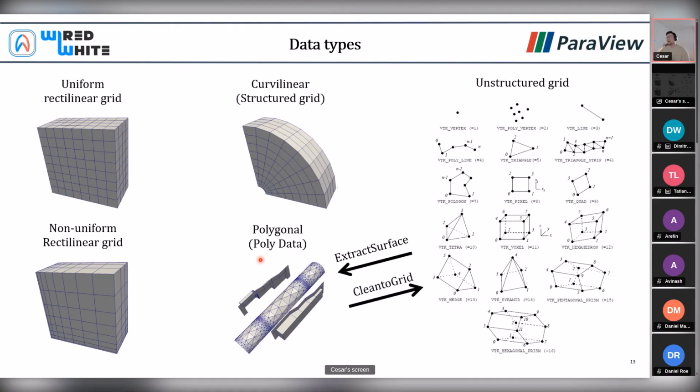You can also do the opposite by using the method clean to grid, and then you can convert a polydata into an unstructured grid. So this is the bridge between both these types. One is for holding data, containing data, and the other is optimized for quick renderings and visualizations.